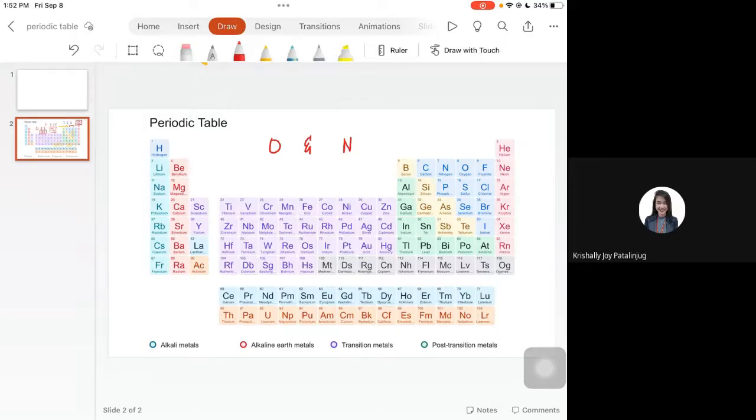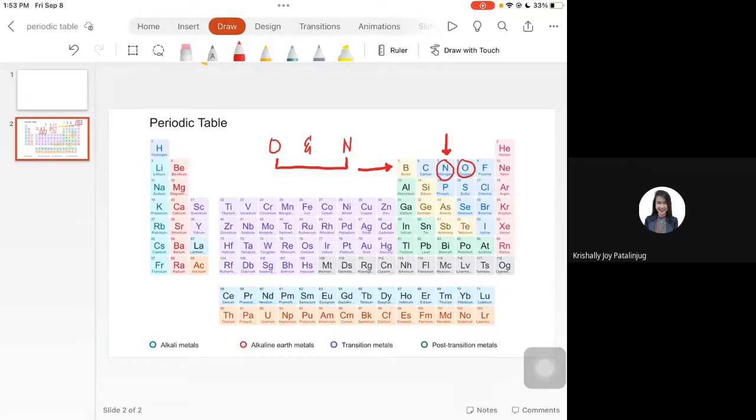You are asked for the compound that you can derive out of these two nonmetals. When they are combined, what would be the covalent compound that we can derive? Looking at the periodic table, nitrogen and oxygen are found on the same period, the same horizontal row. Based on consideration letter A, the element found on the left side in the periodic table is written first.